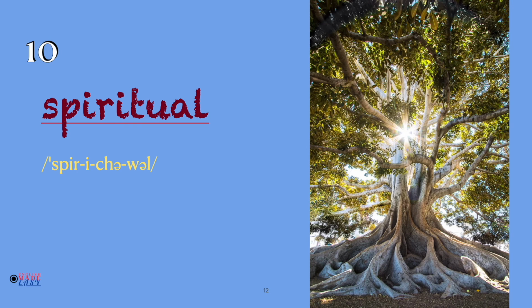The following letters T and U take a CHE sound with a schwa sounding letter E in it. The last letters A and L are pronounced as WEL with the schwa sounding E in it. So the proper way to say this word is spiritual.